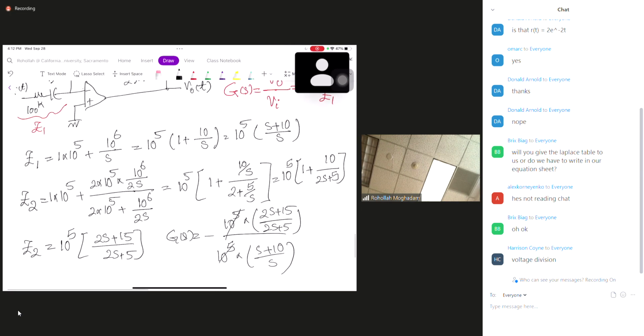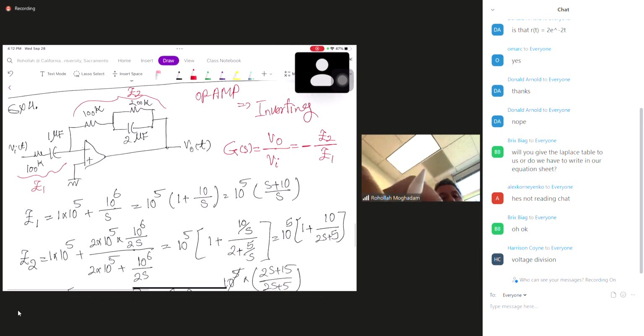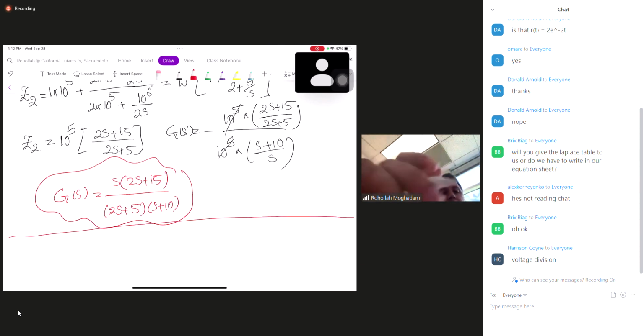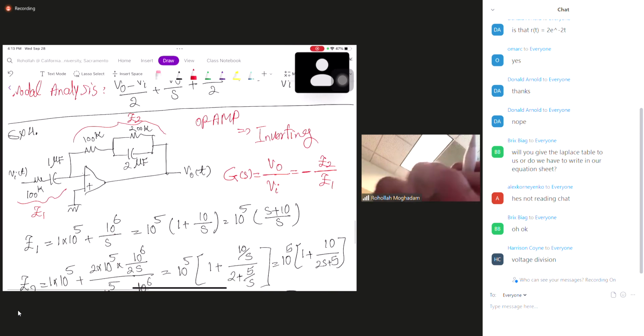These two will cancel out. And G of s becomes s times 2s plus 15 over 2s plus 5 times s plus 10. Okay, so that is how we find the transfer function for the inverting operational amplifier.